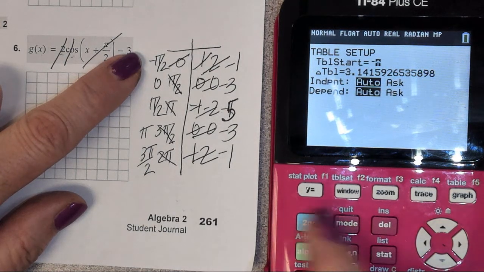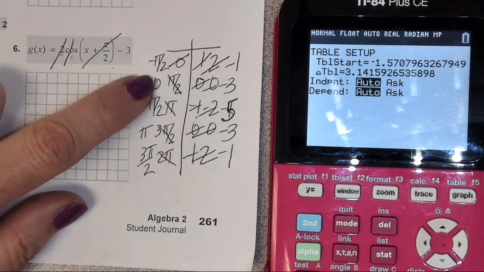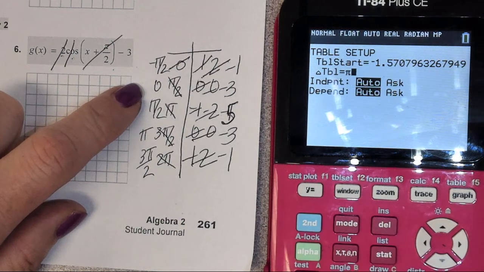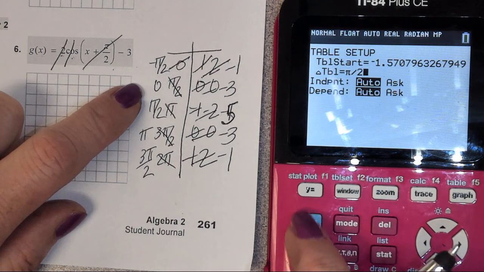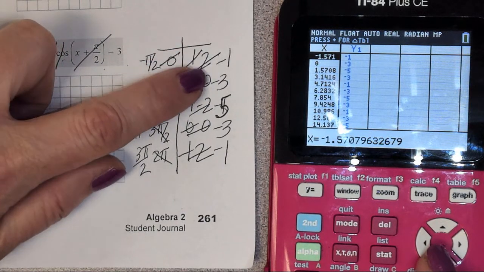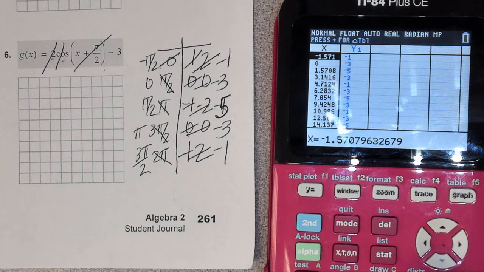Negative pi over 2. How much is it going up by every time? Not pi. Pi over 2. And now when I look at my table, I should see my key points. Negative 1, negative 3, negative 5, negative 3, negative 1. Good. So I know it's correct.